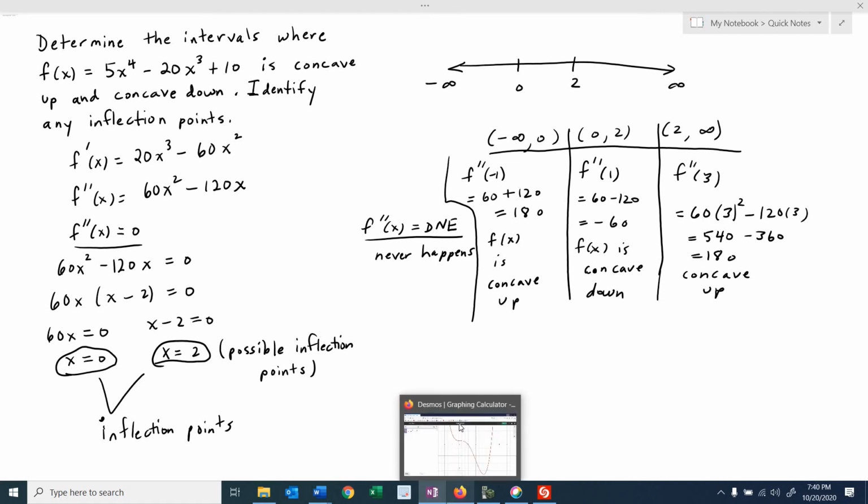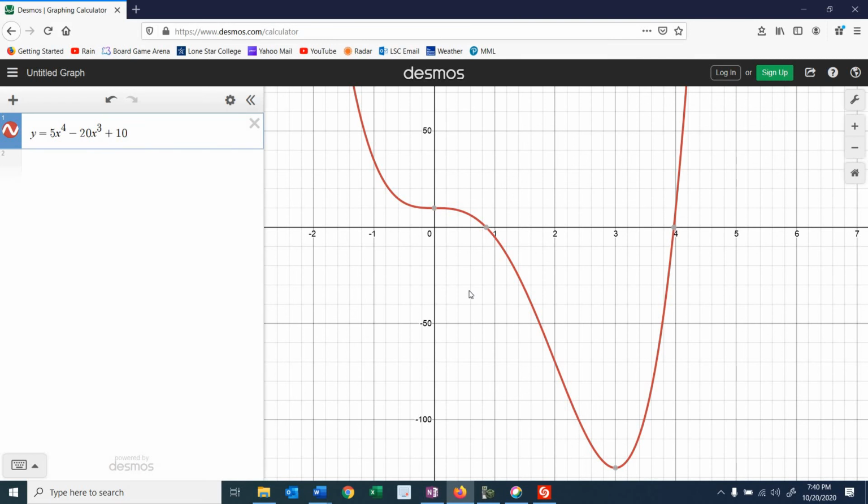Now, just to reinforce this idea, here's the graph of the function that we were working with. So the graph looks like this. Now you can see that it is concave up in this region.